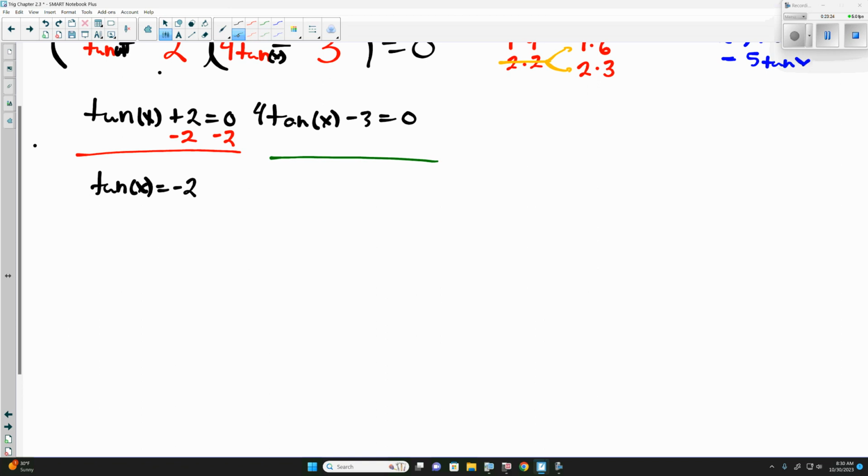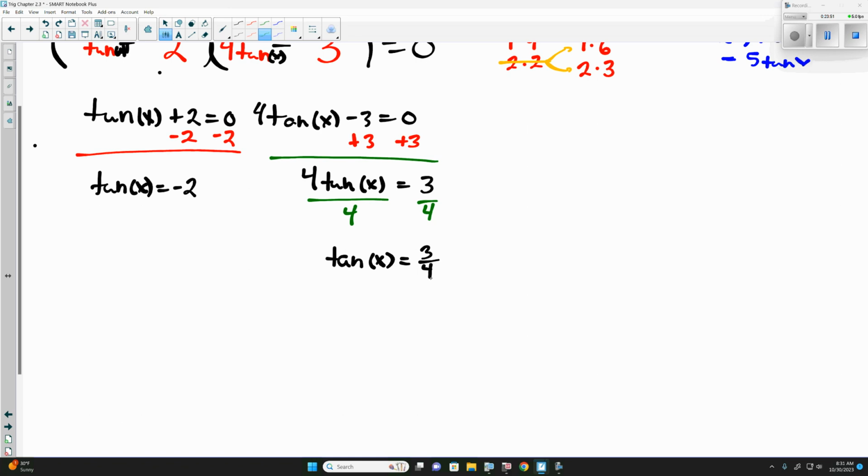Now the one on the right, we would add 3 first, telling us 4 tangent of x is equal to 3. Divide both sides by 4, telling us tangent of x is equal to 3/4.